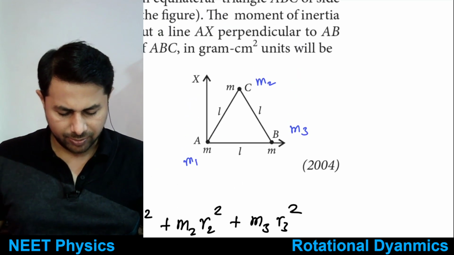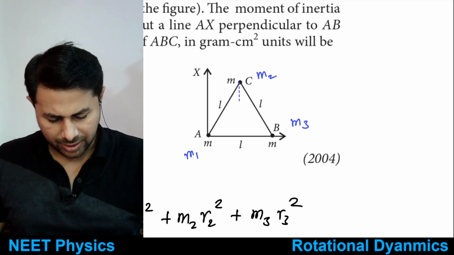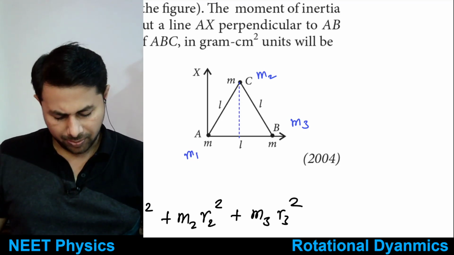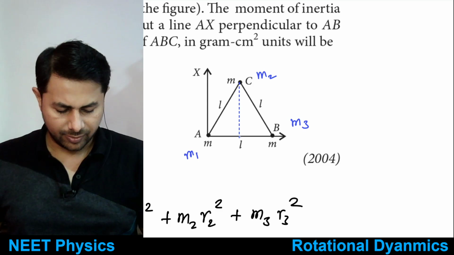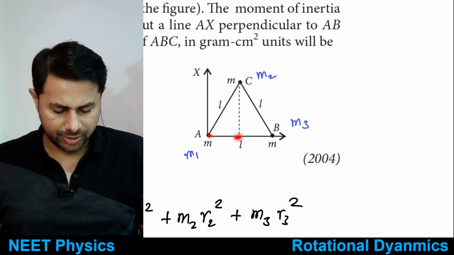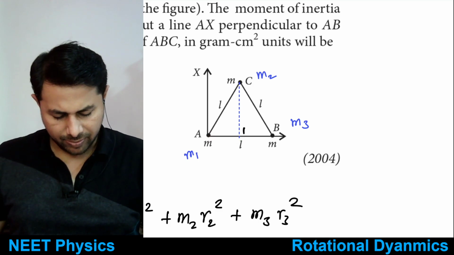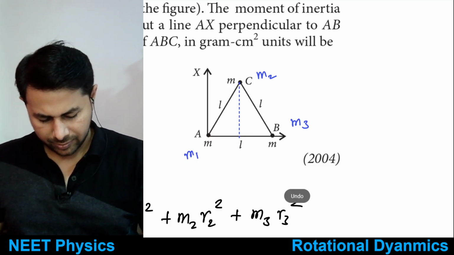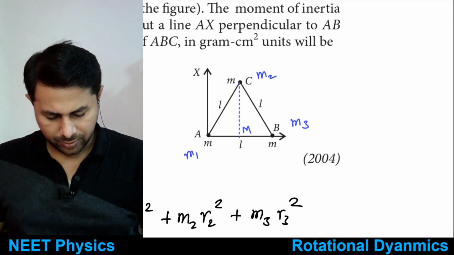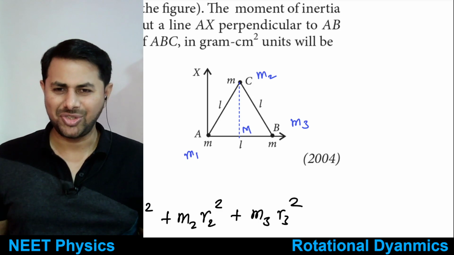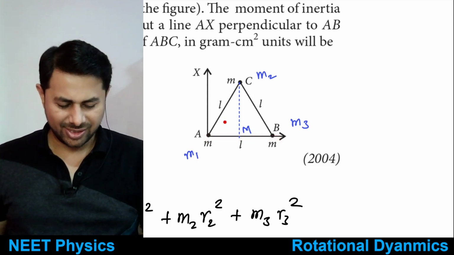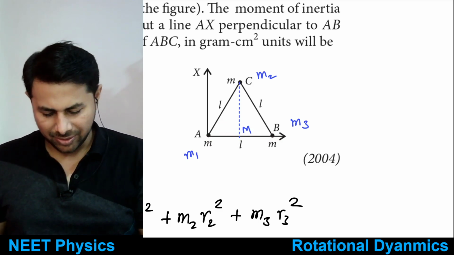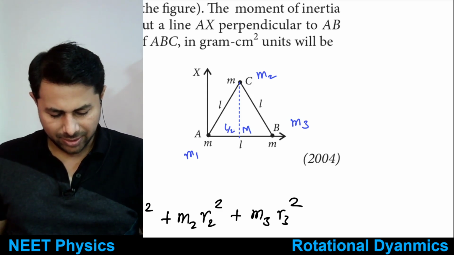What is its distance from the axis? In an equilateral triangle, if you draw a perpendicular from here, it meets the base at point M, and it will bisect the line, so this distance is L by 2.